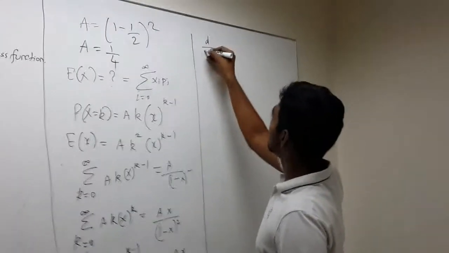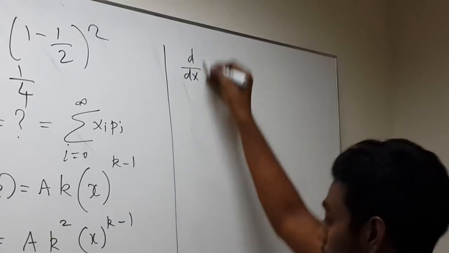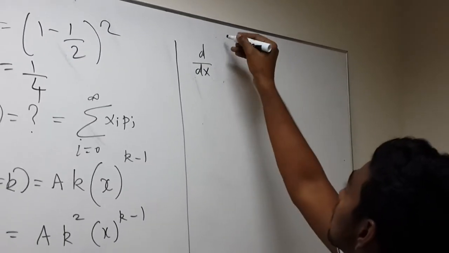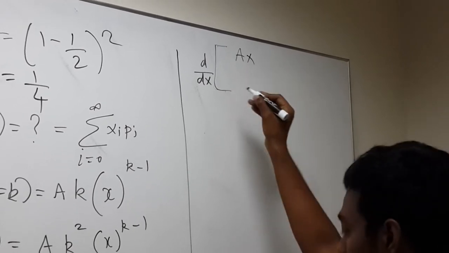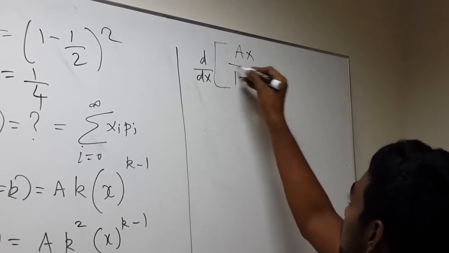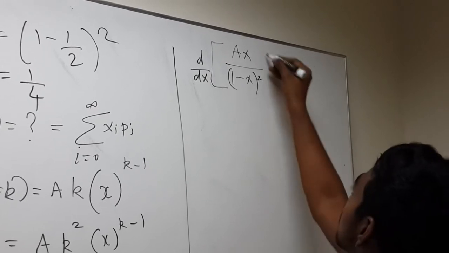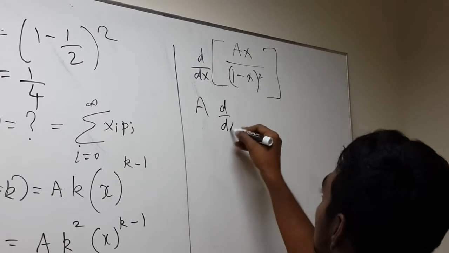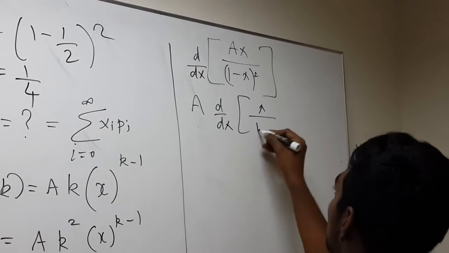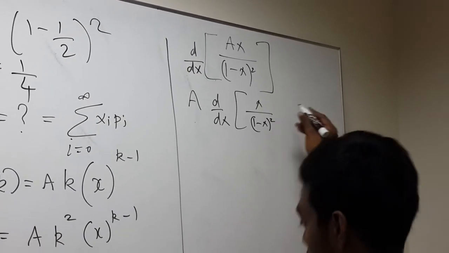So d by dx of a x by (1 minus x) the whole square, and a is a constant, so I am taking it outside. It's going to be x by (1 minus x) the whole square.